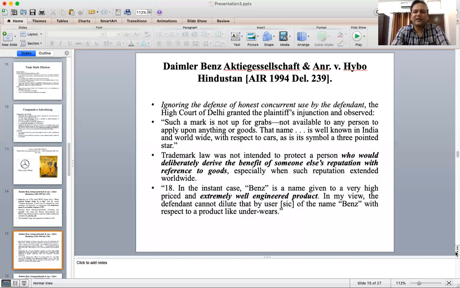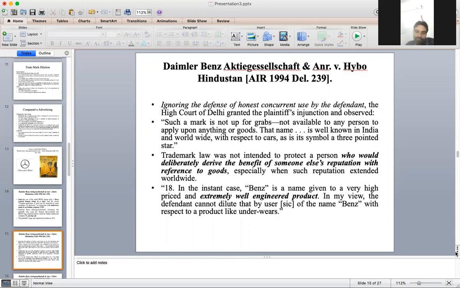So ignoring the defense of honest concurrent use by the defendant, the High Court of Delhi granted the plaintiff's injunction. I mean to say that the court did not consider that contention that it is honest or concurrent use.